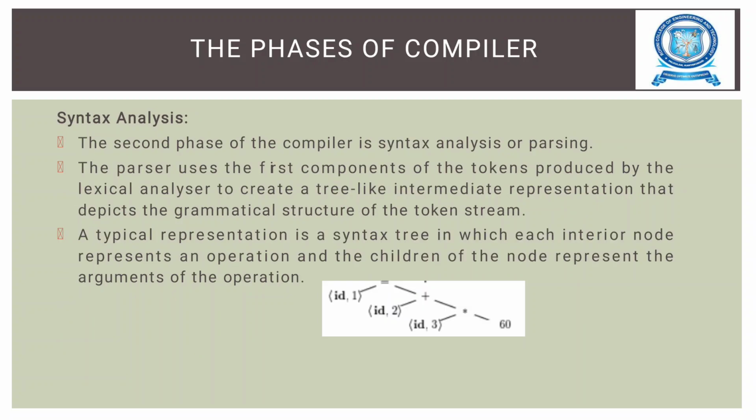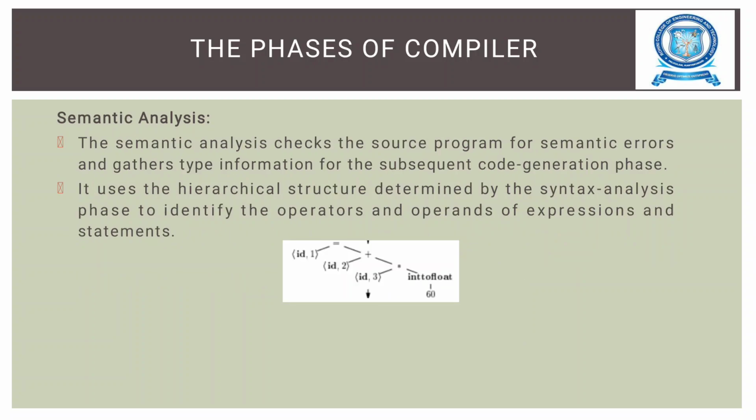Then the syntax analyzer generates a syntax tree, where the root node is an equals sign, the left child is identifier 1, and the right child is a subtree with plus, identifier 2, and a subchild star, whose children are 60 and identifier 3.